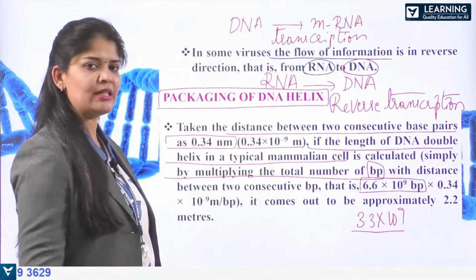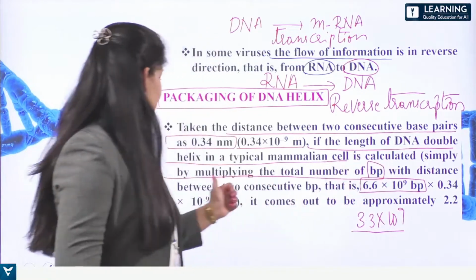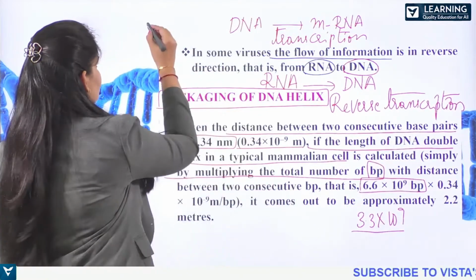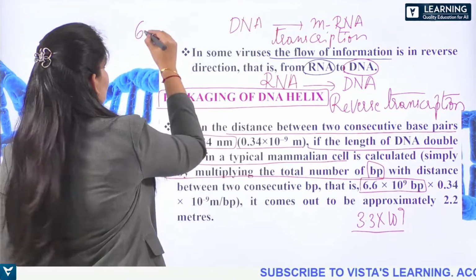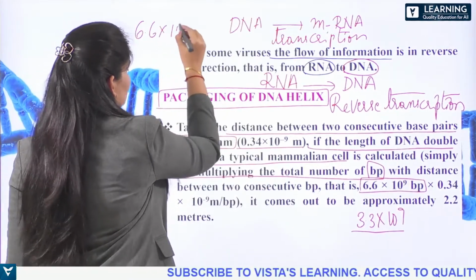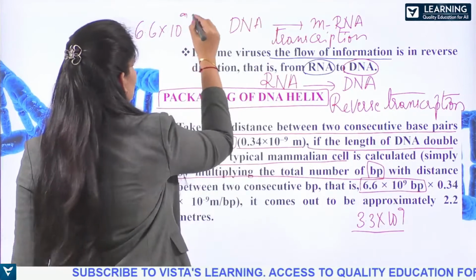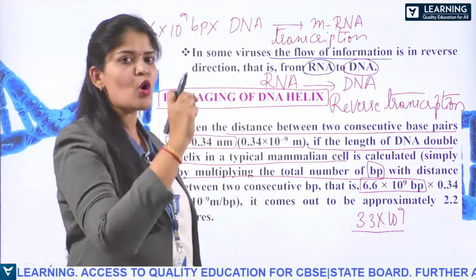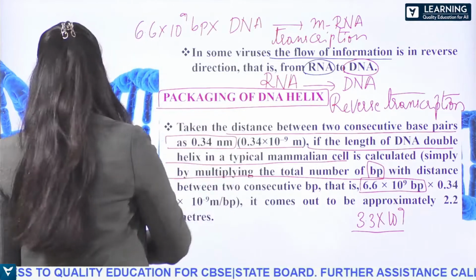6.6 into 10 to the power of 9 base pairs. With the distance between two consecutive base pairs, we know that this is the diploid set, right? Here is the diploid set, base pairs, and now we know the distance between two consecutive base pairs.